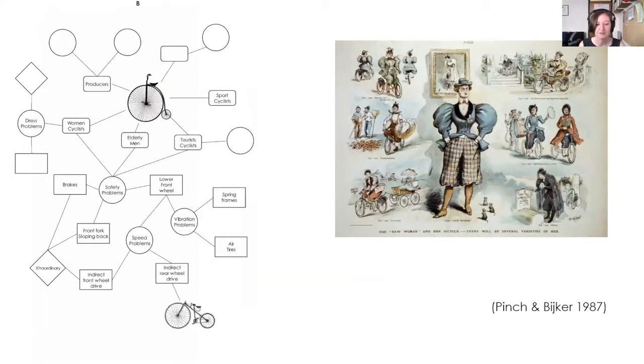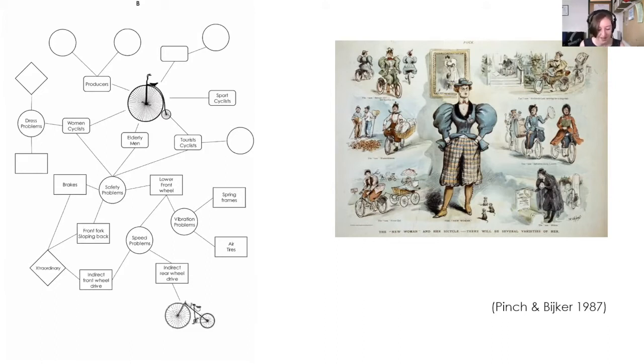The bicycle itself in their model means different things to different groups. So early cycling enthusiasts wanted different things out of a bicycle, thought of bicycles differently than anti-cyclists, people who jeered cyclists and threw stones at them. And if you've ever cycled in a city, those people are still very much present. The form of the bicycle itself similarly responds to problems posed to the object by different groups.